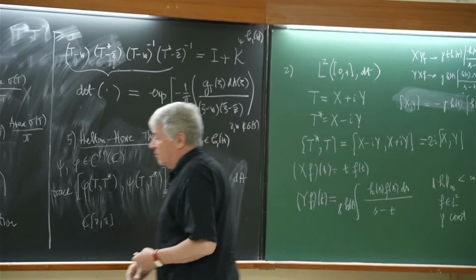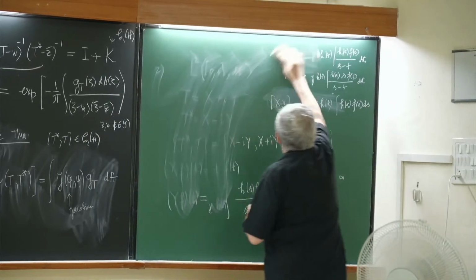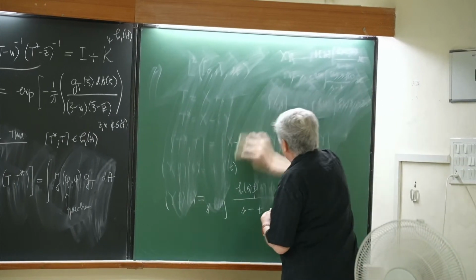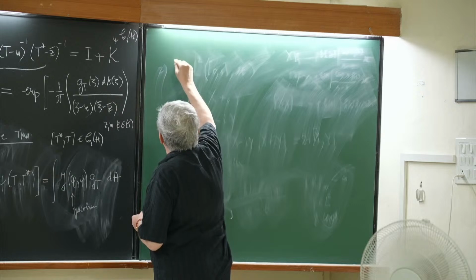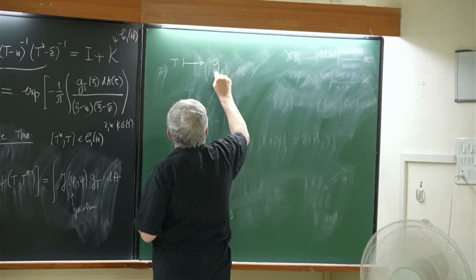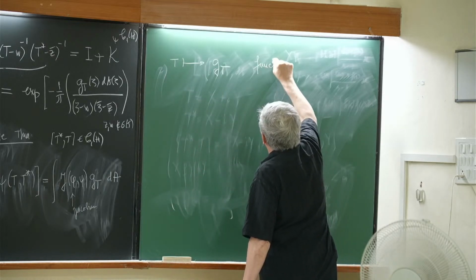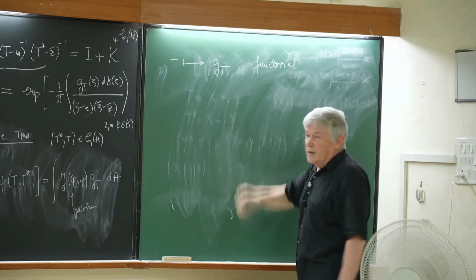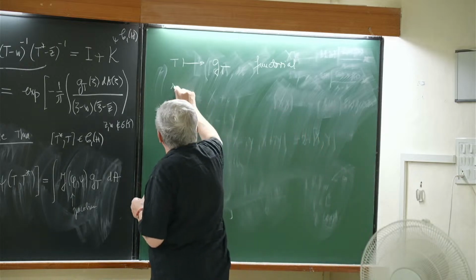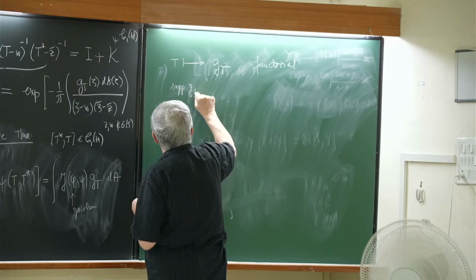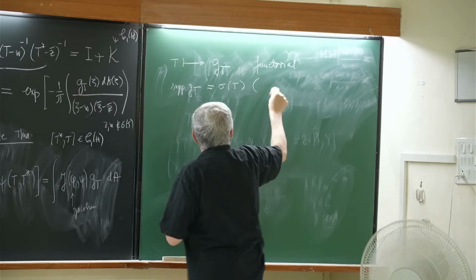So I'll write them here on the board. This map is functorial in a precise sense, that it behaves well under changes of variable. The support of the principal function is exactly the spectrum of t, assuming t irreducible.